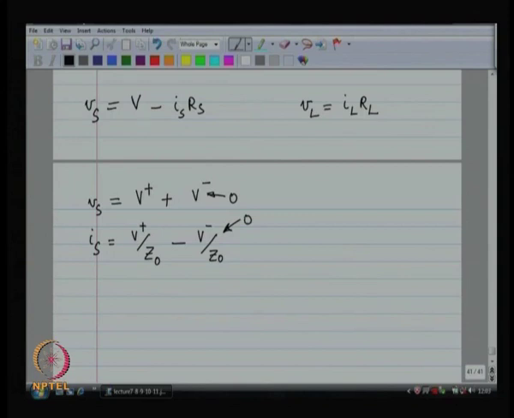In that case, you have got Vs is equal to V plus, that is V plus is equal to V minus Is, which is V plus by Z naught times Rs. So, what is V plus going to be equal to?